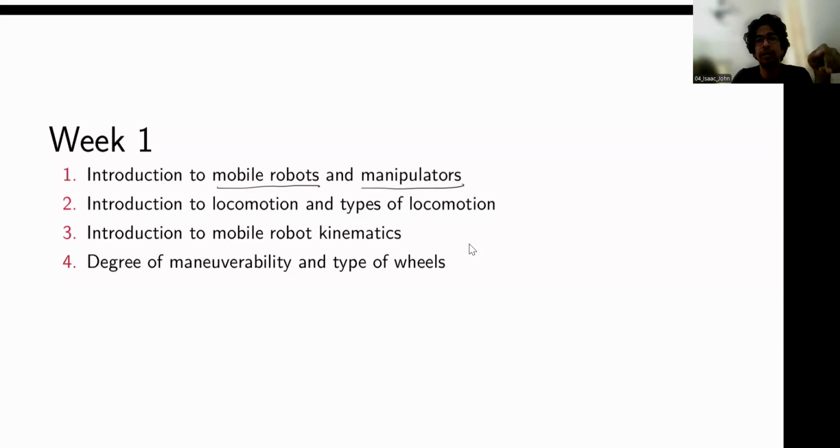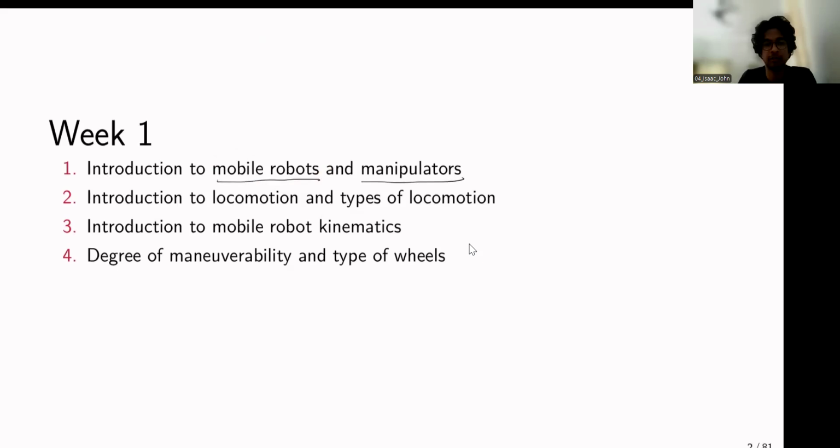If the effect on the environment causes the motion of the robotic system itself, such mechanisms can be classified as mobile robots.